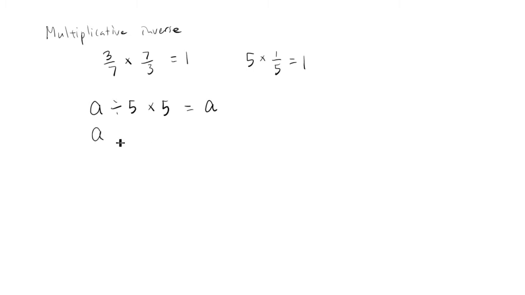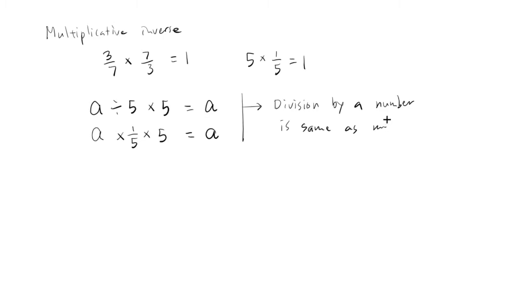On the other hand, if you know that 1 over 5 is the multiplicative inverse of 5, then these two multiply to 1, and 1 times anything is itself. 1 is the multiplicative identity, so it's again A. Now what that tells us is this important principle that division by a number is same as multiplication by its reciprocal.